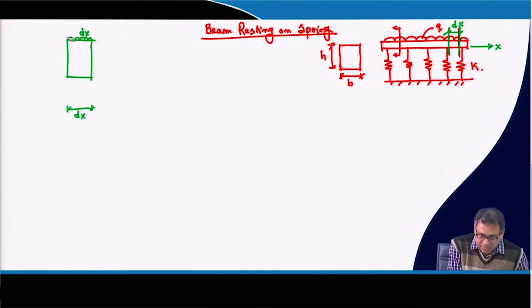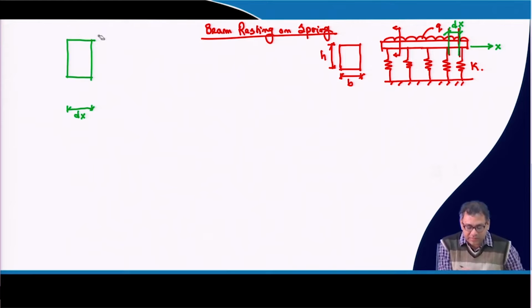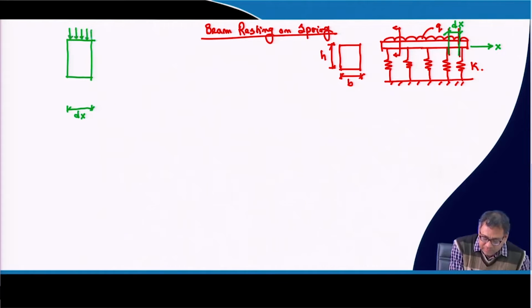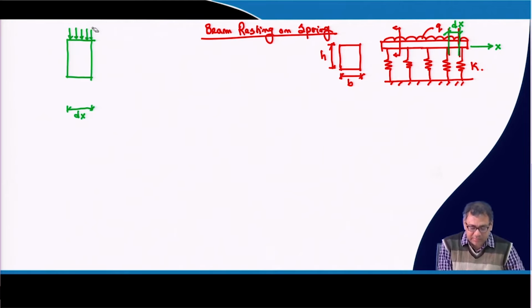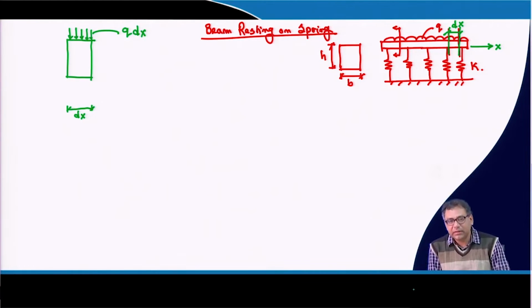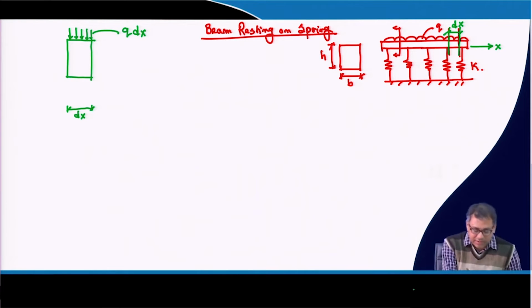So, let me draw it in a better way. This is the UDL acting, that is q into dx. And there will be a reaction at the bottom of the beam, these springs will give me the reaction.